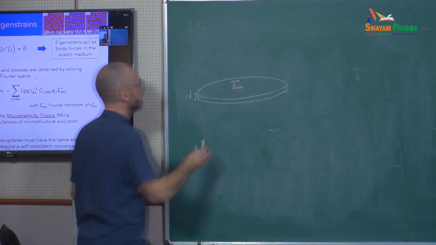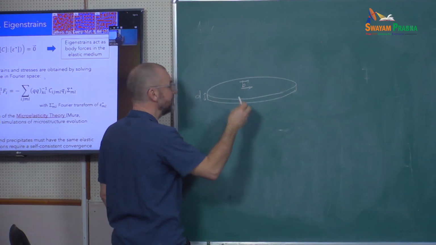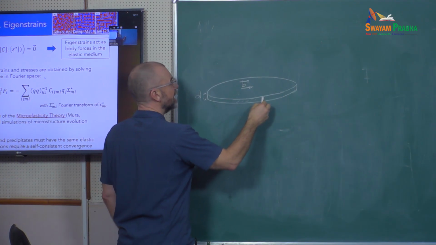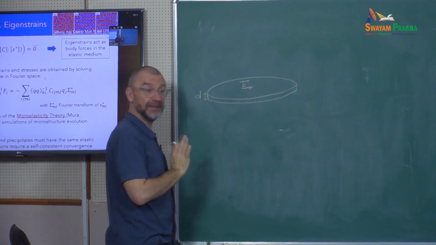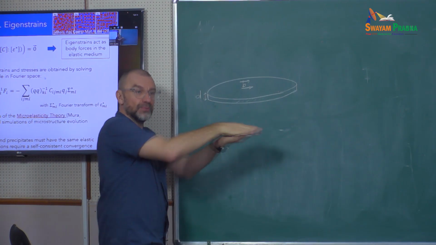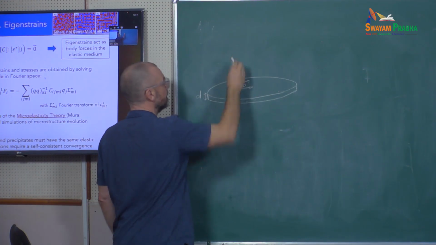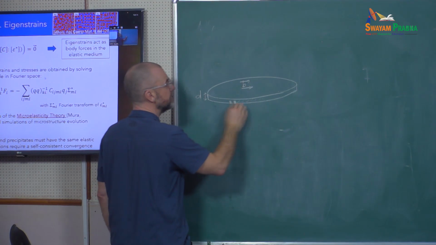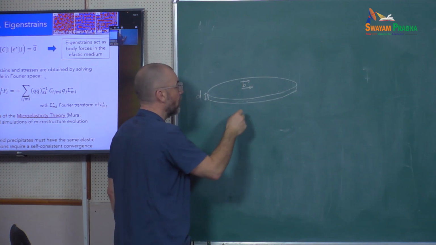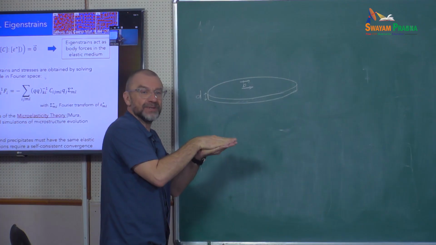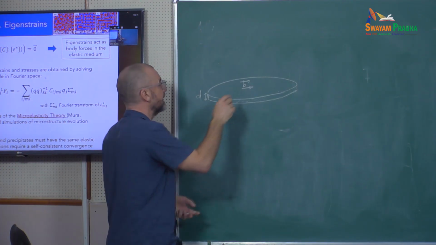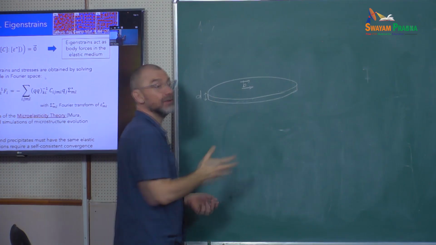In terms of eigenstrains, what do you think? Does someone intuitively have an idea? If I say that the dislocation is actually a precipitate, but a platelet precipitate, so I have the matrix here, and I have the inside of the precipitate here. What is the eigenstrain inside that platelet precipitate that would be equivalent to a dislocation?